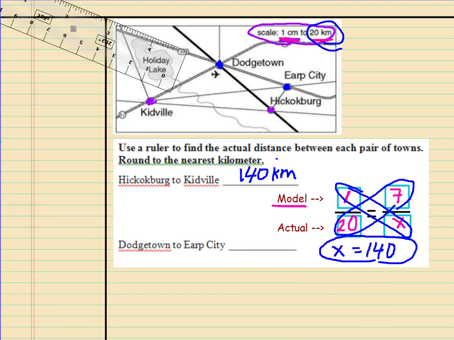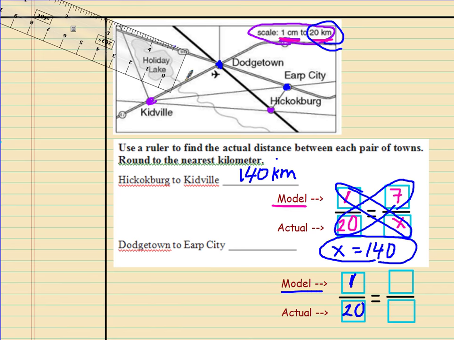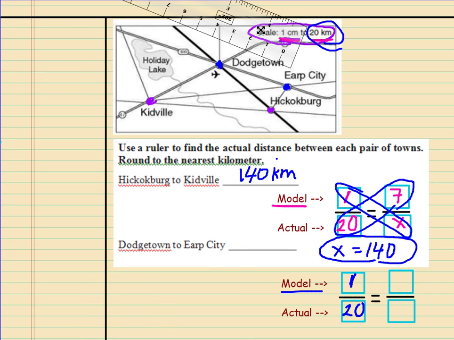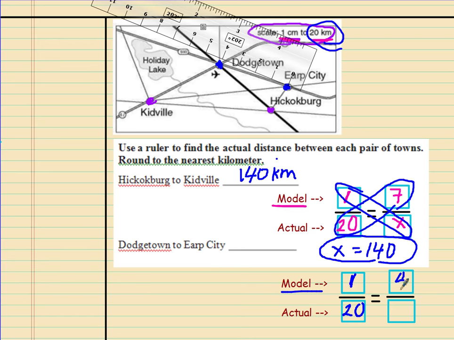Now, of course, we're going to start the same way. Model, actual. The first ratio is our scale, 1 centimeter to 20 kilometers is equal to, on the model, we measured 0, 1, 2, 3, 4 centimeters to the unknown value here.